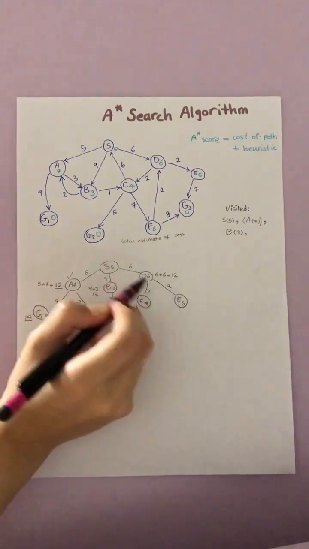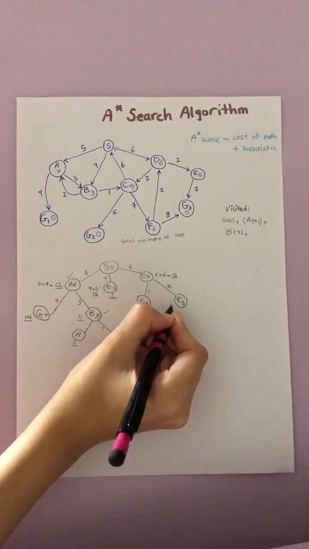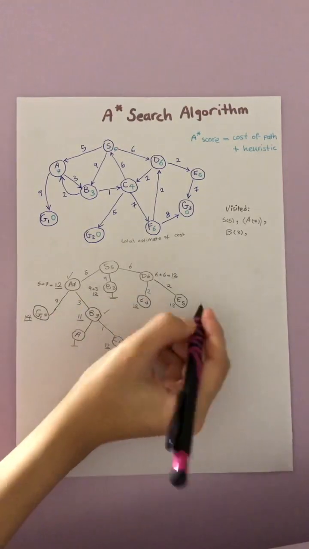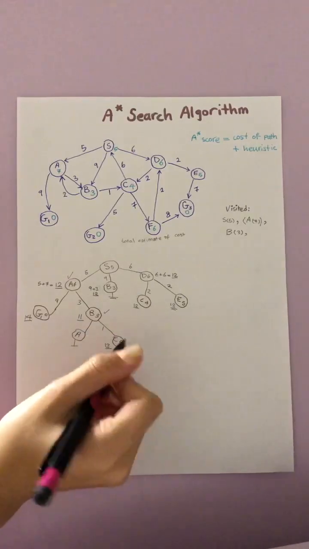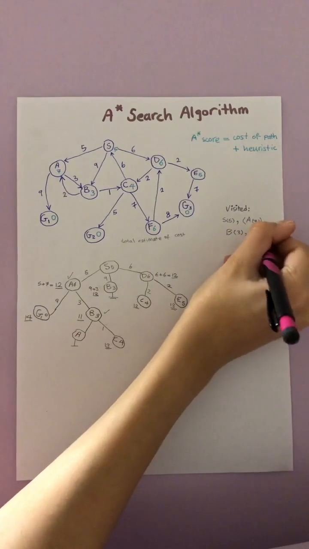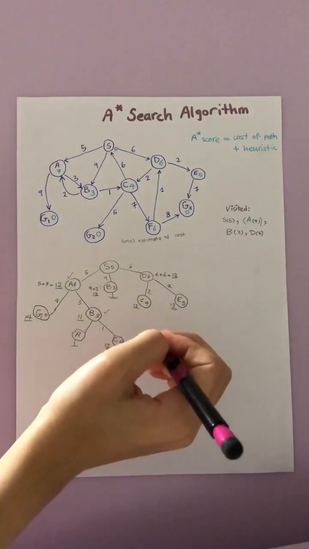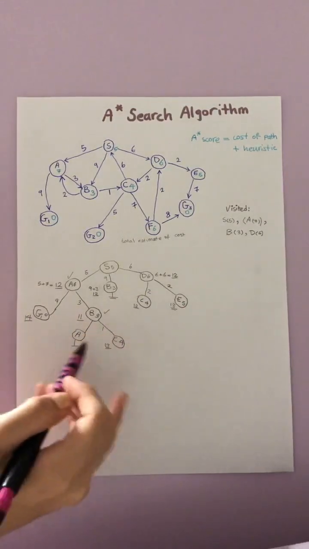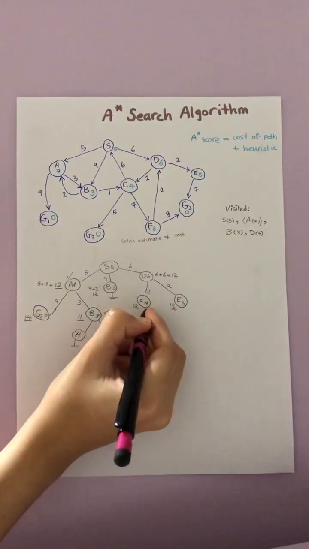And then for this one, 6 plus 2 plus 5, it'll be 13. 11 plus 2, 13. Now, among all of this, we also have to write D as visited. Okay, and then among 14, 13, 12, and 13, 12 is the least amount, so we're gonna explore this.